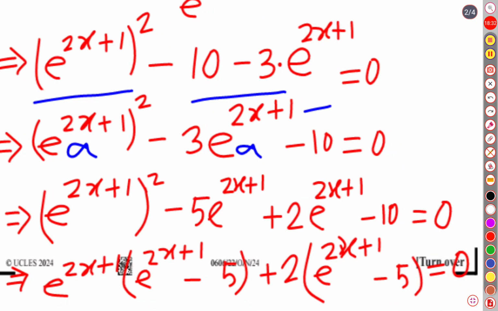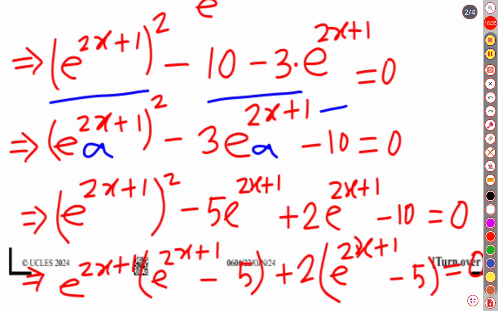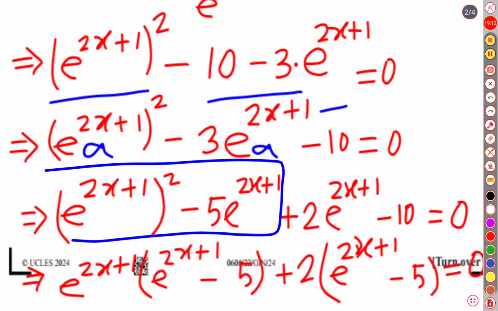From the first pair of quantities, e raised to 2x plus 1 is common.